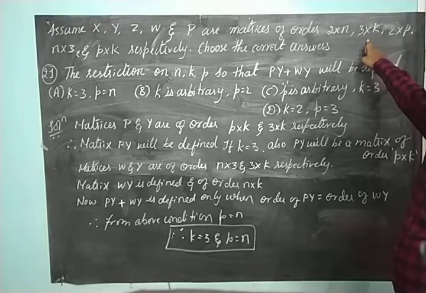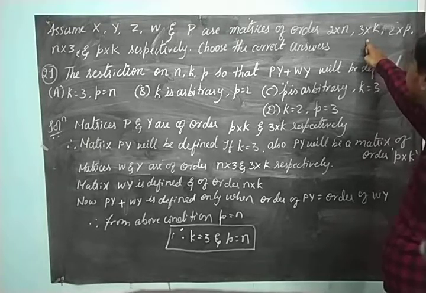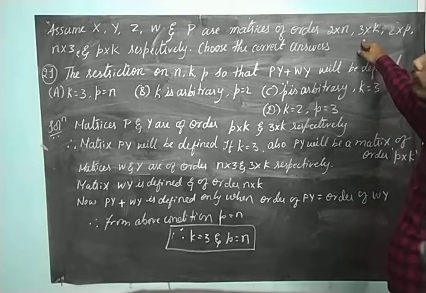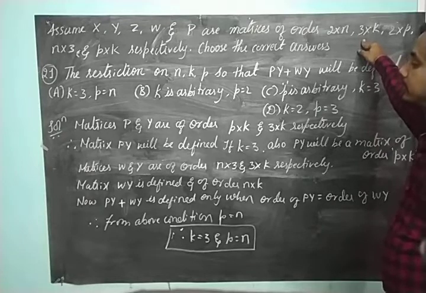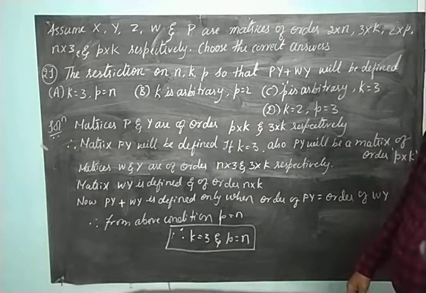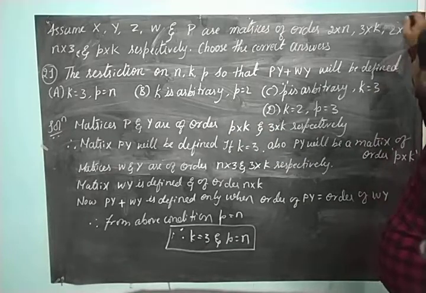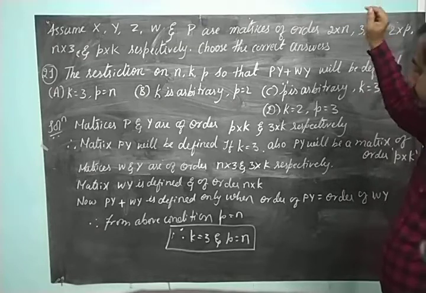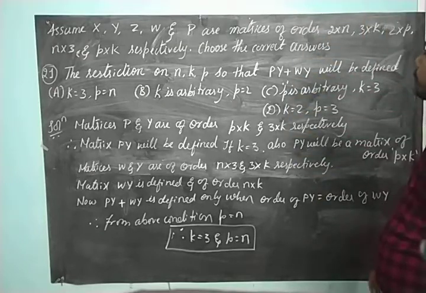So now if P into Y is to be well defined, then the number of columns of P should be equal to the number of rows of Y.